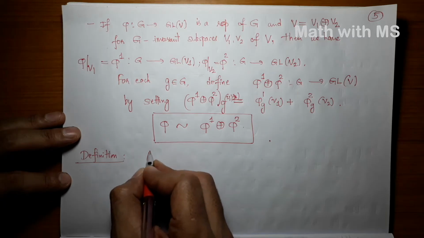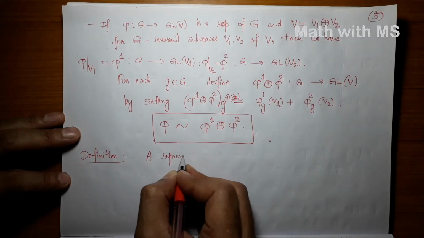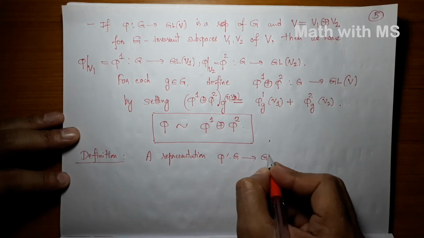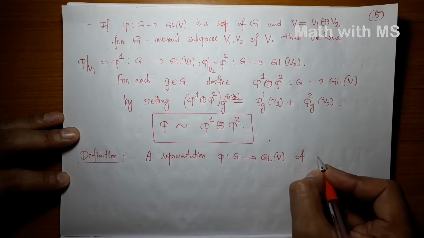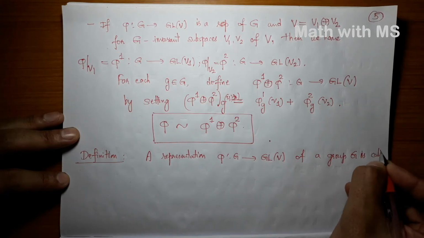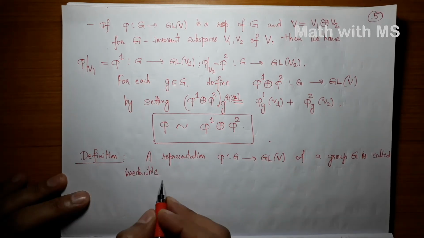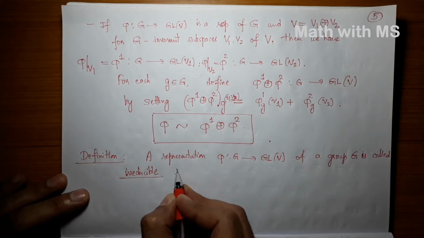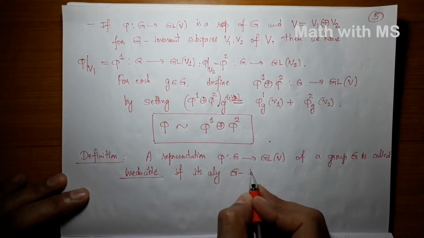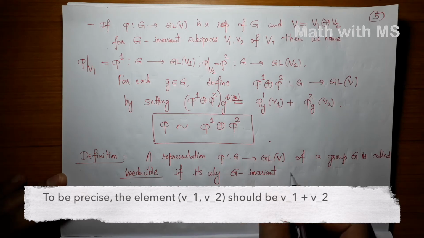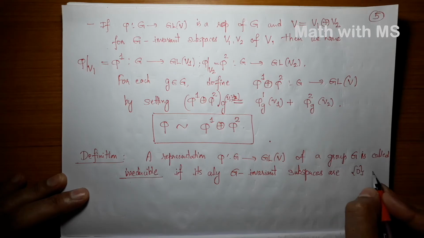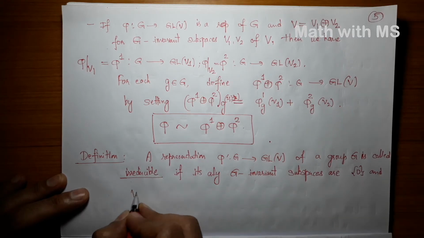A representation phi from G to GL(V) of a group G is called irreducible if its only G invariant subspaces are the trivial subspace and the whole of V, okay?